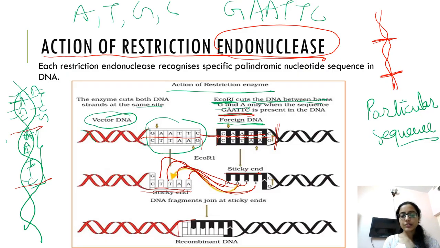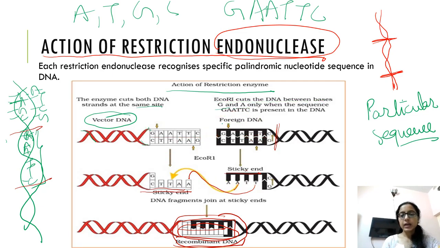When they bind with each other, it is called recombinant DNA because it has the foreign DNA bound with the vector DNA, right? Now the foreign DNA is bound in the vector DNA. This will be transferred to the host.